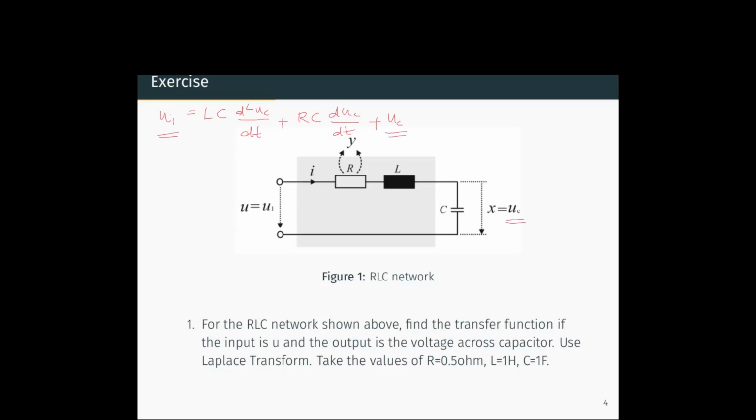So this differential equation gives the relation between the input and output. Now this derivation was explained in the previous videos.